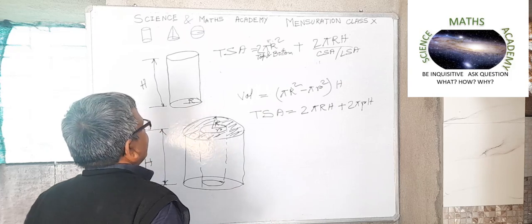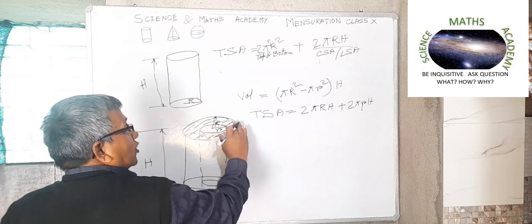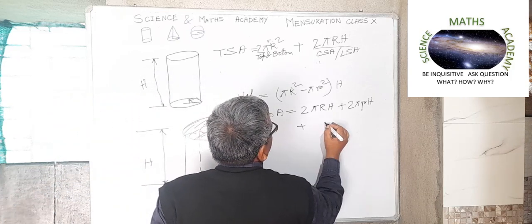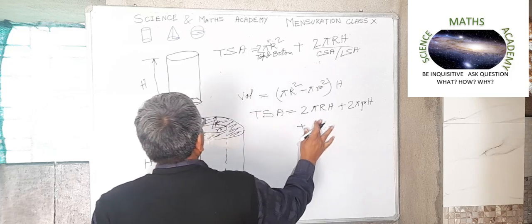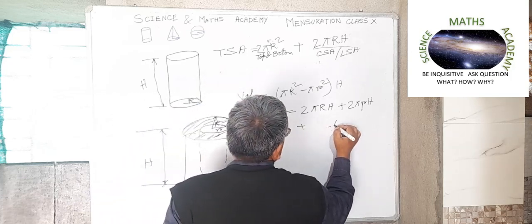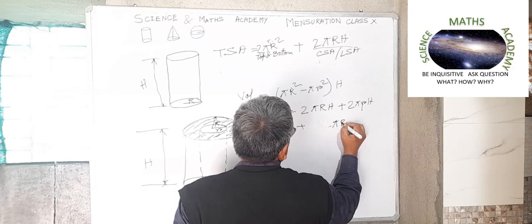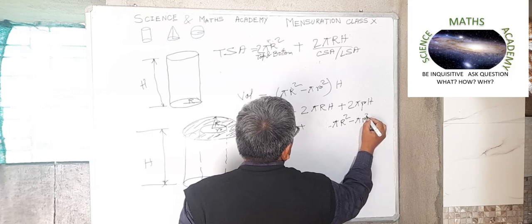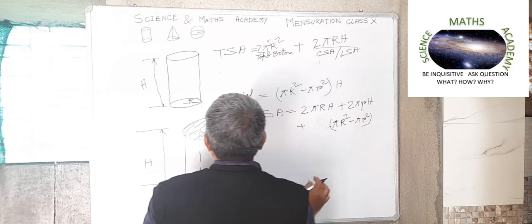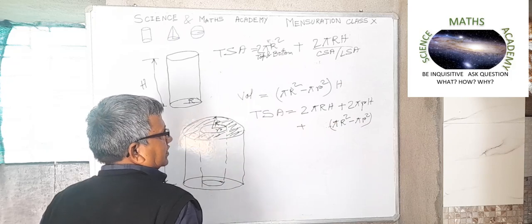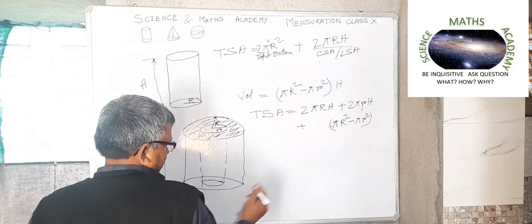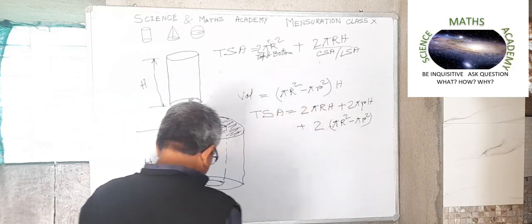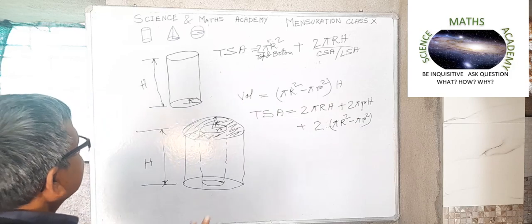Now if this is hollow, plus this area, 2 times, I will write later, this area pi capital R square minus pi small r square, this area, top and bottom. Usually they don't give this in your class 10 maths, but this is there.